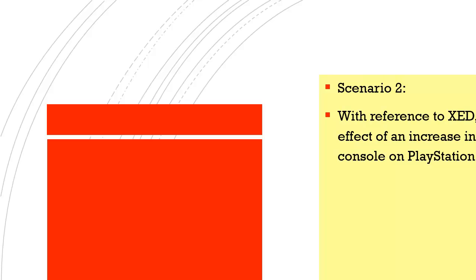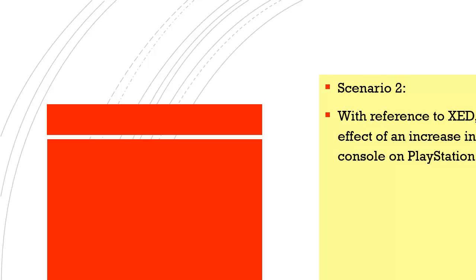Okay, so let's think about the relationship between the PlayStation consoles and the PlayStation controllers. Are they substitute or complementary? Alright, so when you buy a PlayStation console, you have to buy a controller with it in order to be able to play, right?